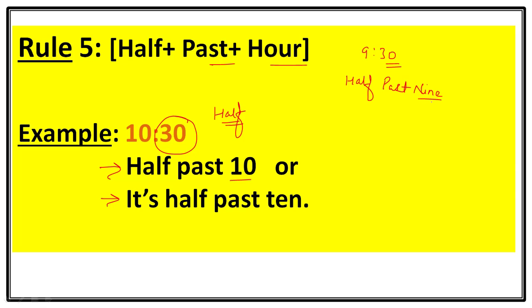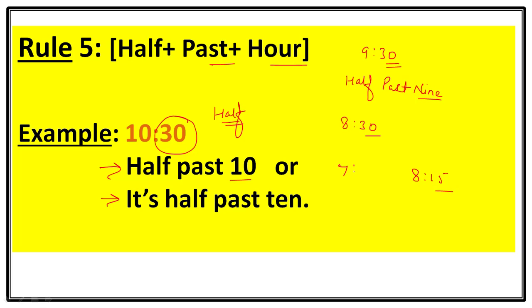Suppose you have to tell the time 8:30. So you'll use half past 8. Suppose you want to tell the time like 8:15. For 15 we have to use quarter. Here you can say quarter past 8.